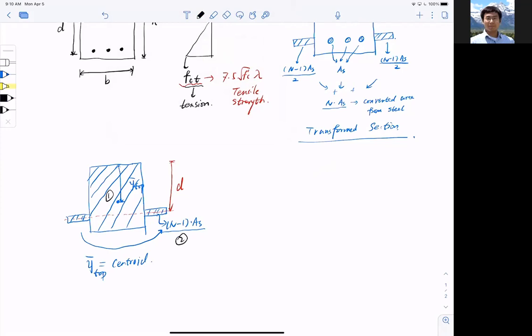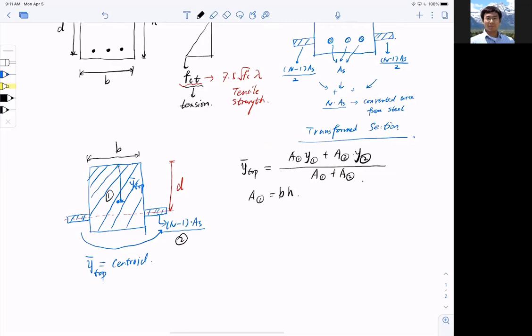If I do that, then y top, using the first static moment equation, is A1 multiplied by y1, the distance between the center of 1 and the top line, plus A2 multiplied by y2, divided by the total area, which is A1 plus A2. So that's how I find y top. Naturally, the area A1 equals b times h, where this is b and this is h.